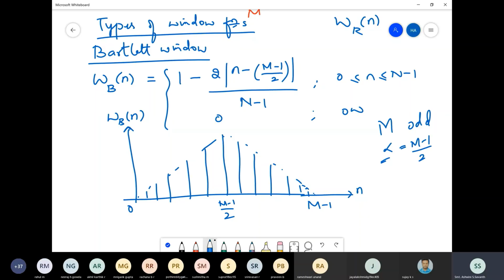I will not do it here. Compared to the rectangular window, this Bartlett window generally gives a smooth magnitude response. But the problem is it creates a little wider transition region. That is the Bartlett window.